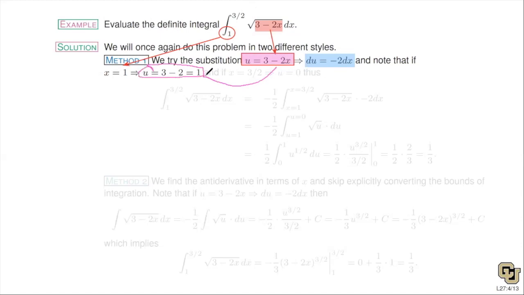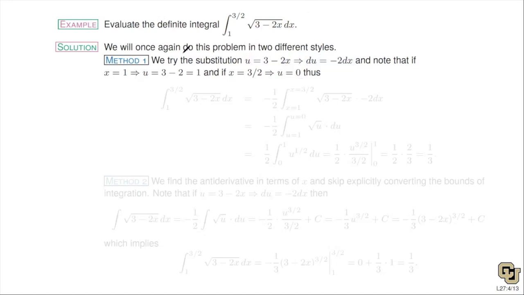Here you get back the same number just by coincidence. When x is equal to 1, 3 minus 2 times x happens to also equal 1. And look, with the other bound, it's not the same. When x equals 3/2, I plug that in for x. So 3/2 times 2 is just 3. So you get 3 minus 3, you get u equals 0.